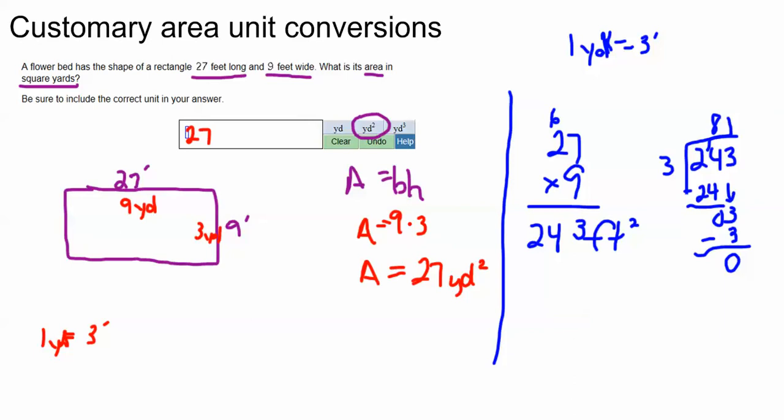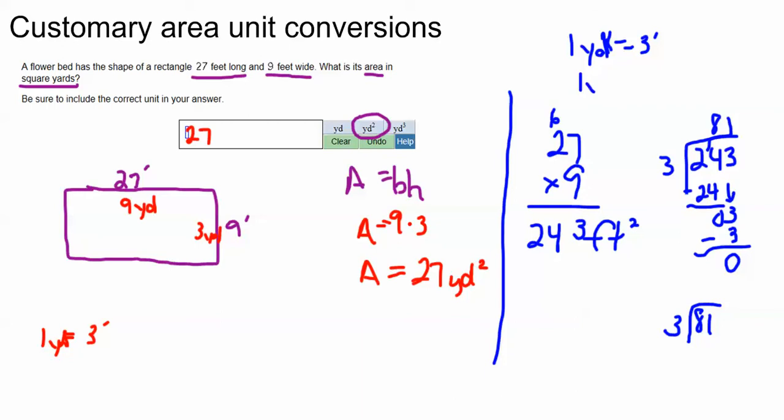So if you're going to go this route, multiplying in feet first, you actually divide by 3 twice. What would dividing by 3 two times be? It would technically be 3 times 3, which is 9. So we would have to do a division problem by 9.